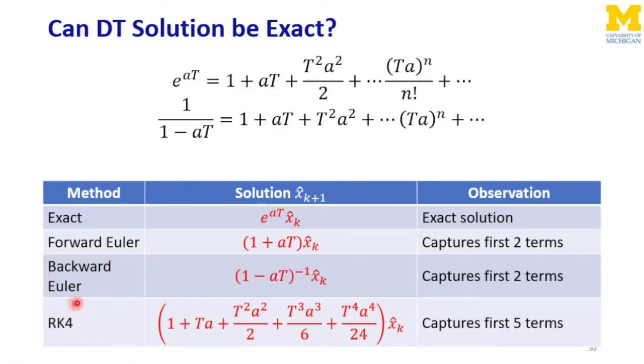And when we use the backward Euler, (1 minus AT) inverse, you can actually expand it as this term, and then we can see that (1 minus AT) inverse also captures the first 2 terms of the true solution, and RK4 captures the first 5 terms. So RK4 is the most accurate. Backward and forward are first order accurate, but exact is just the exact. Exact is the best solution that you can get.